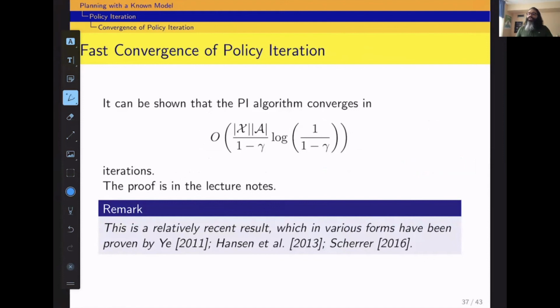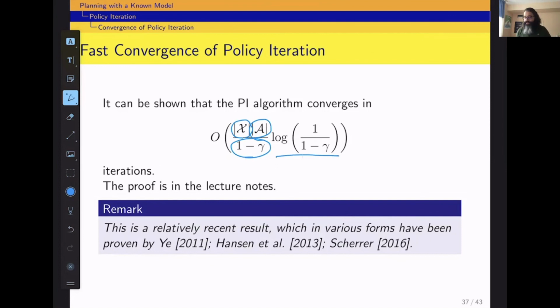So the improved result is this: we can show that the policy iteration algorithm converges in an order of the number of states times the number of actions divided by 1 minus gamma, the discount factor, times some term like log of 1 divided by 1 minus gamma. So this is much, much smaller.